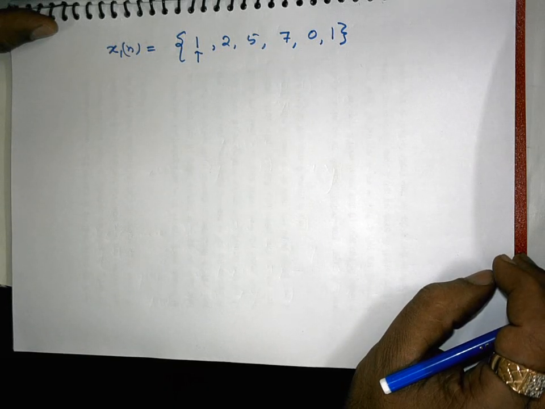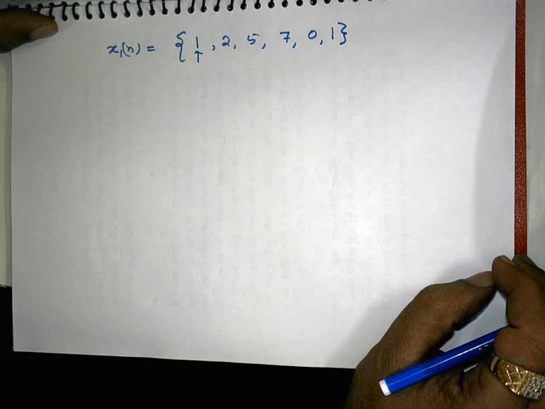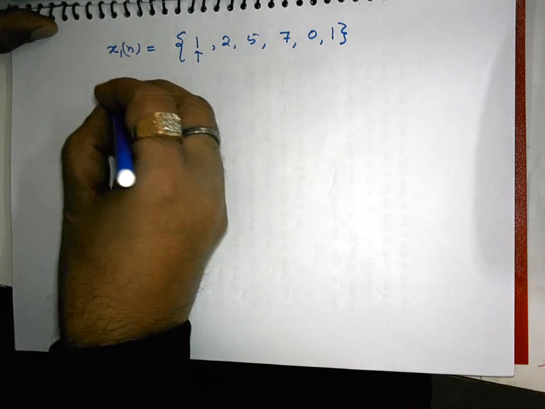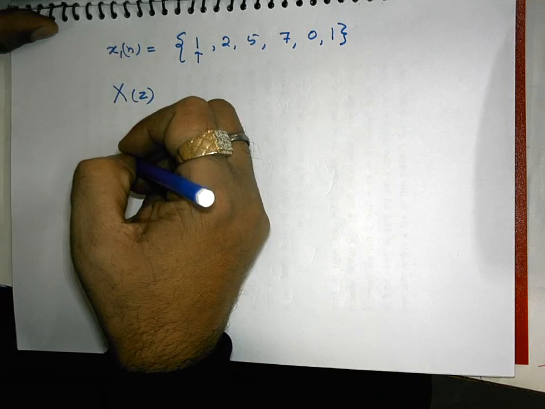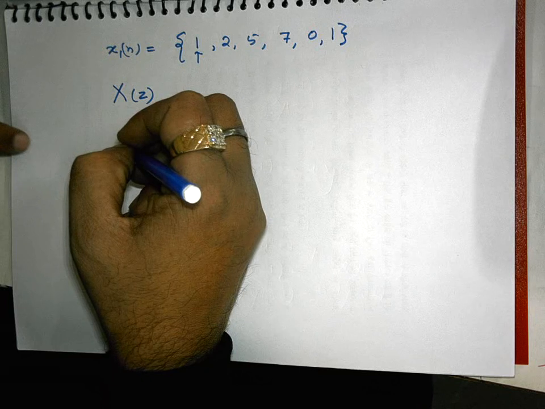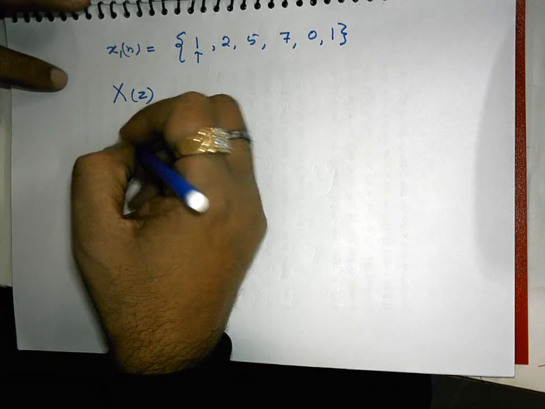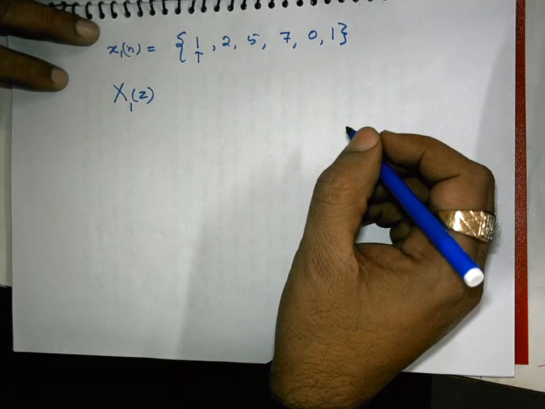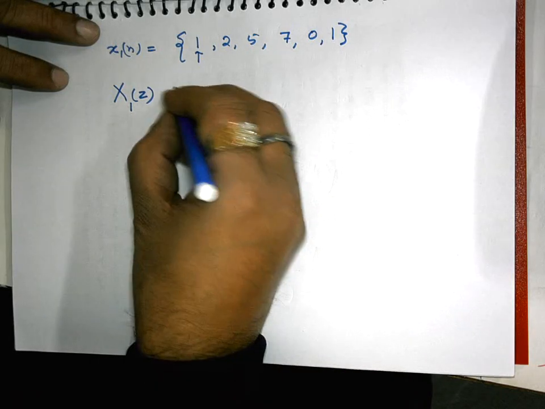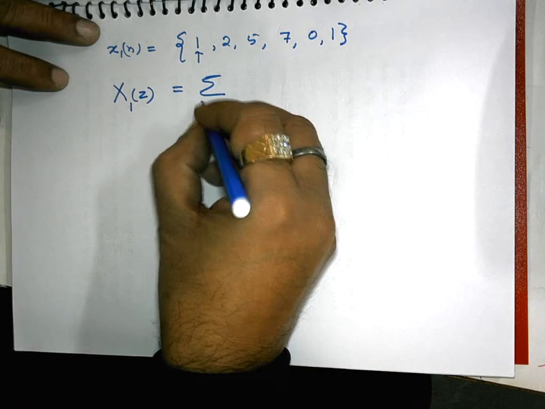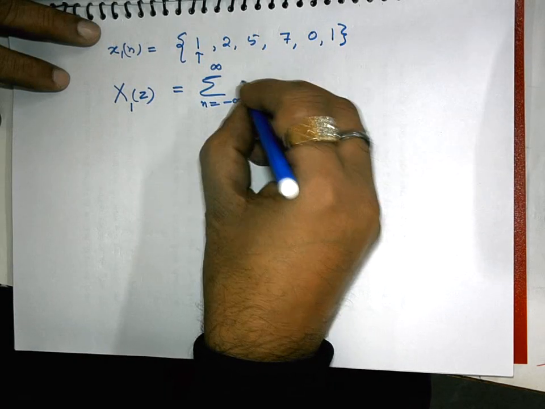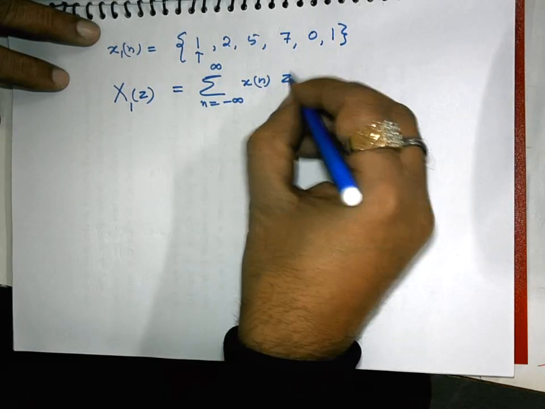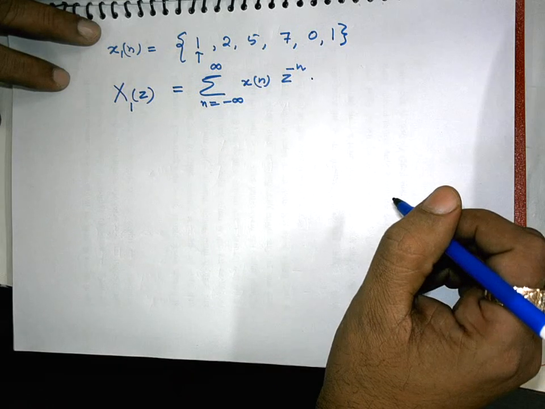To represent a signal in Z domain, we will find the Z transform of the signal. Okay. So what is the defining relationship for the Z transform? X(z). And since it is the Z transform for signal x1(n), we will say it as X1(z). Okay. And what is the defining relationship? Summation n equals minus infinity to infinity x(n) z to the power minus n.